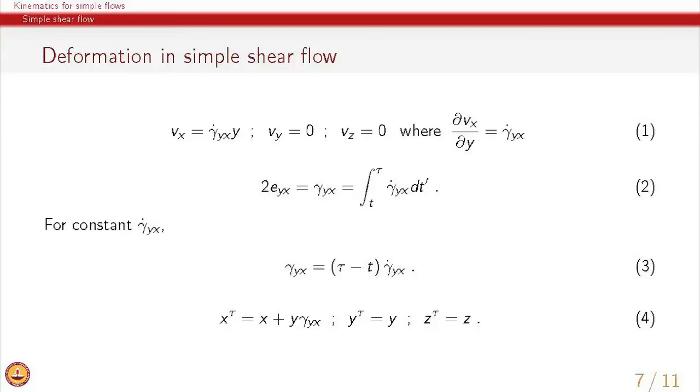Since it is a shear strain, it is referred to as gamma yx, and of course the derivatives of Eyx and gamma yx are referred to as either E dot yx or gamma dot yx, dot implying the rate of change with time. And we know that this is the same as the velocity gradient del Vx by del y, and we could also express this in terms of the strain rate tensor, which is dyx.